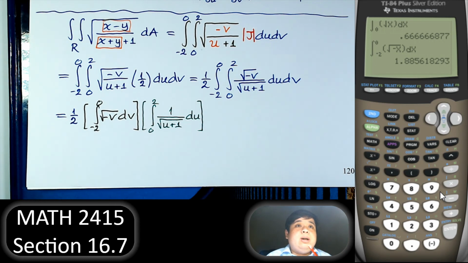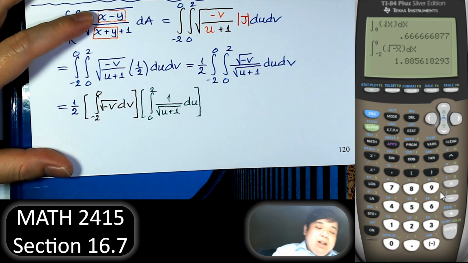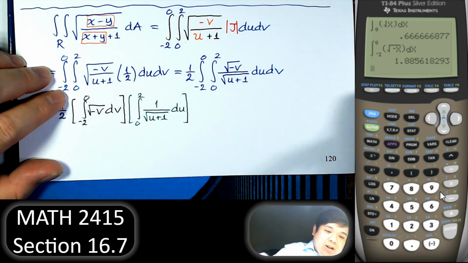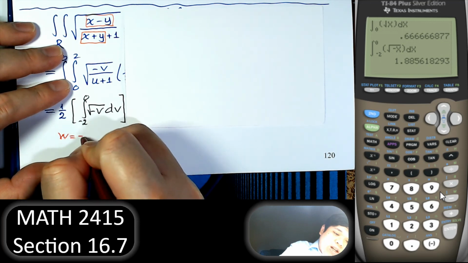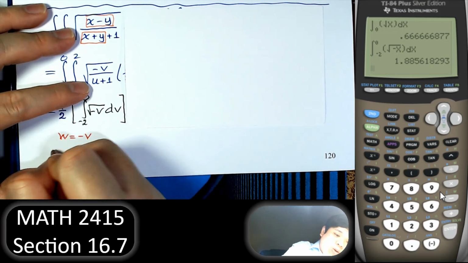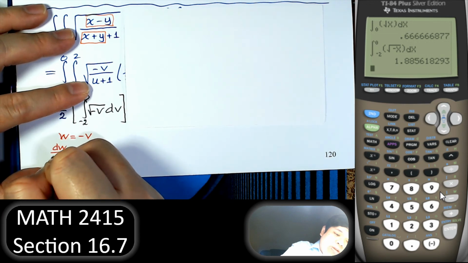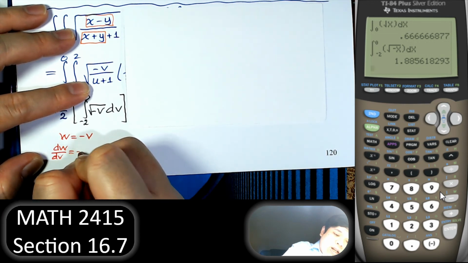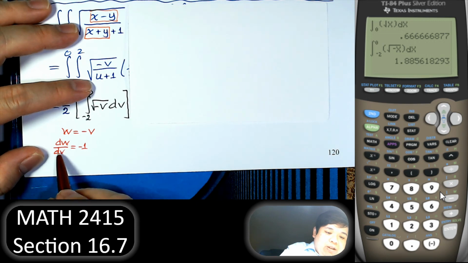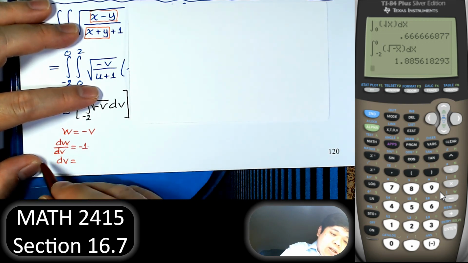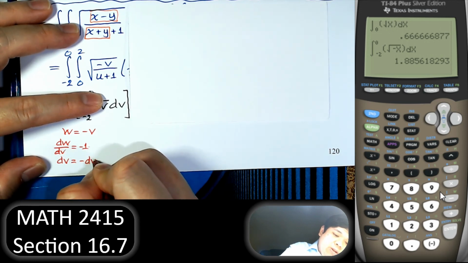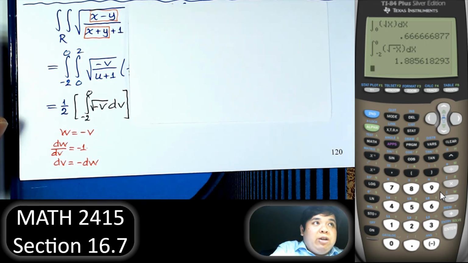How about w and z? For this integral, let w equal -v. The derivative is -1, and I solve for dv, which is -dw.